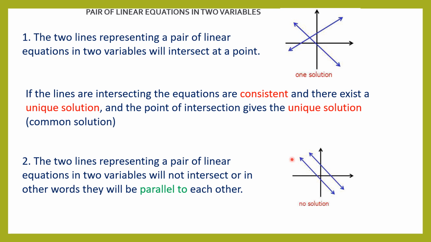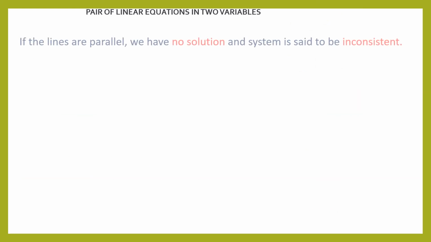This is the example for parallel lines. There is no common point, no intersecting points, meaning no solutions. If the lines are parallel, we have no solution and the system is said to be inconsistent. Are you clear?